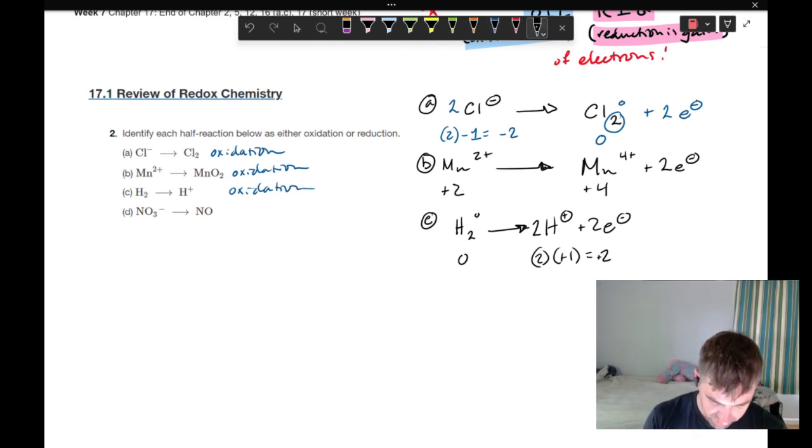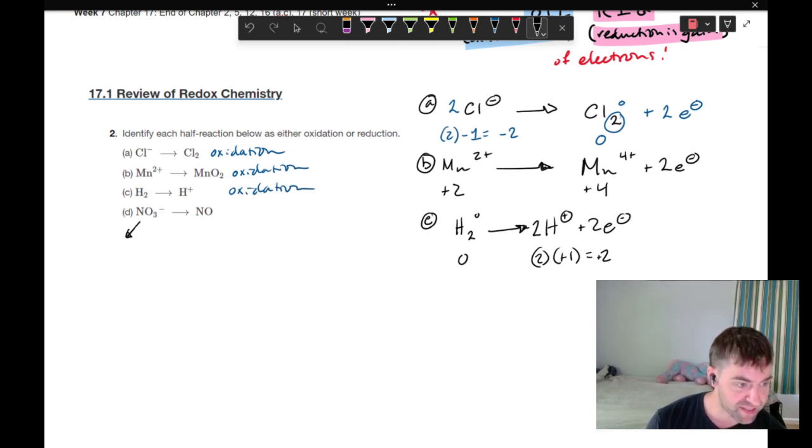All right, let's look at our nitrate. And again, we don't really need to worry too much about the oxygens except for accounting for how much positive charge the other species has to balance it out.